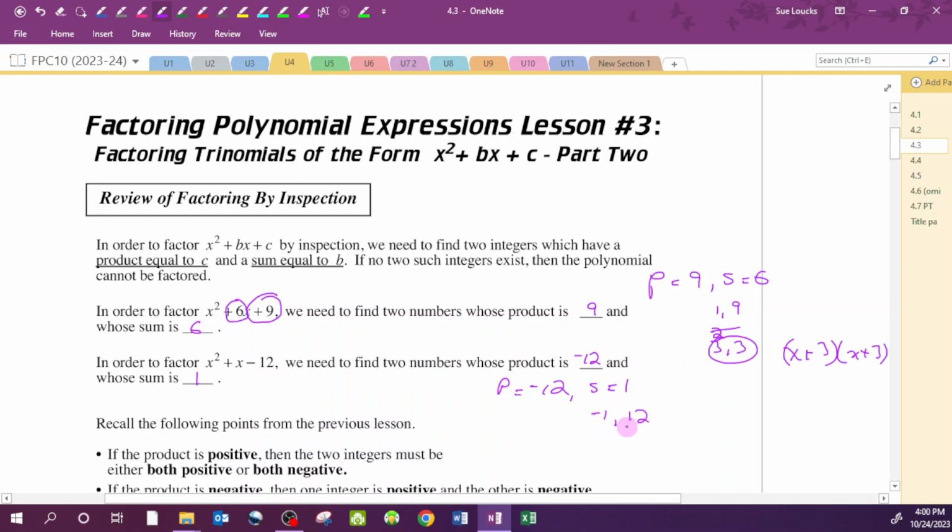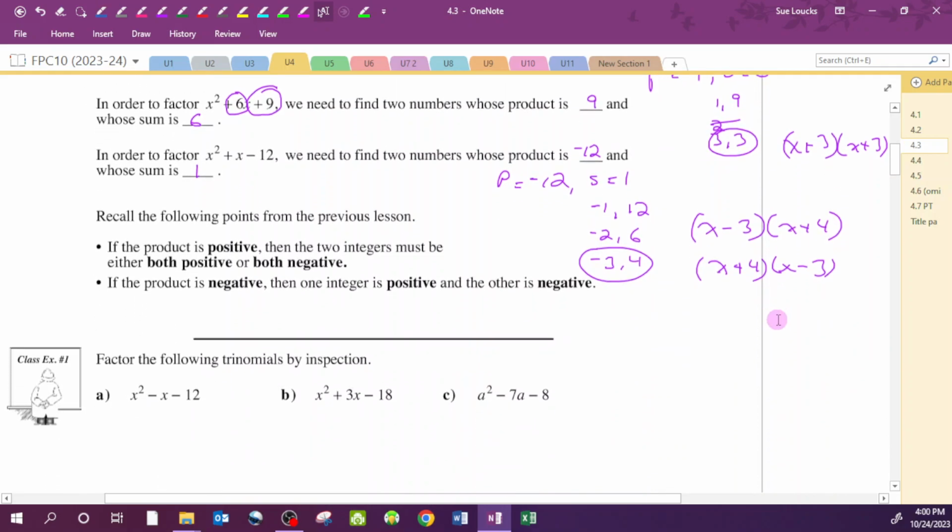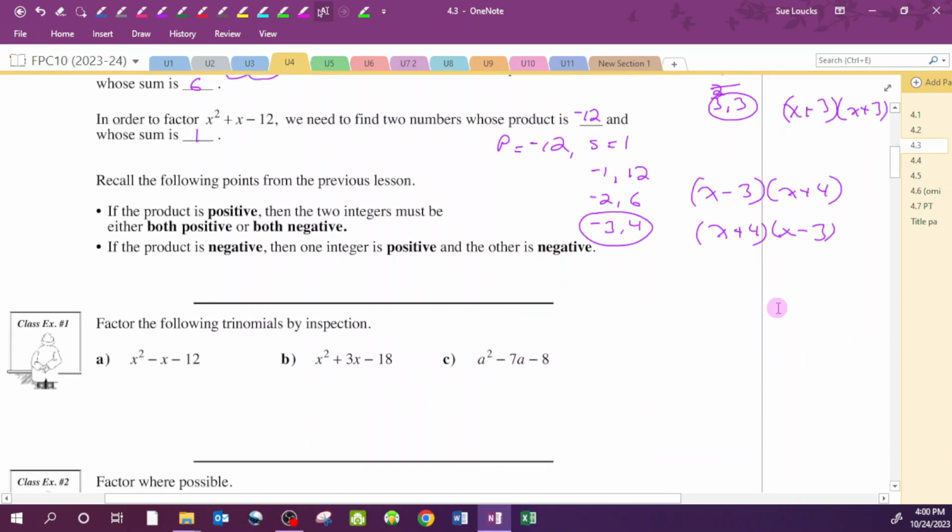One's positive, one negative, but the positive one is bigger, so that adds to 11. That's not going to work. Negative 2 and 6, that doesn't work. Negative 3 and 4, that works. So we're going to have x minus 3, x plus 4, and it doesn't matter whether we write it like that or x plus 4, x minus 3. Those are equivalent.